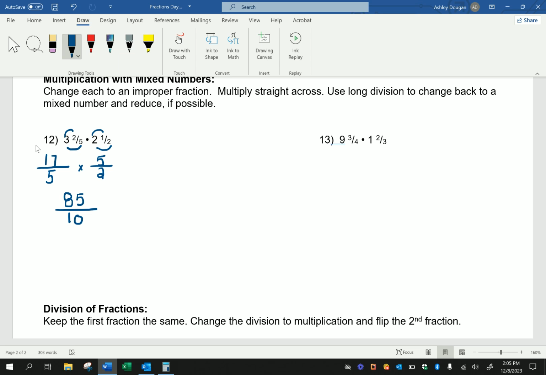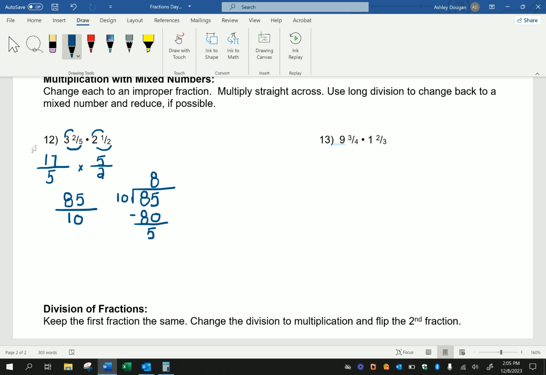And so I'm going to take my fraction and I'm going to convert it back into a mixed number. And remember, we do that by long division. I'm going to say, how many times will 10 go into 85? Well, 10 will go into 85 8 times. 10 times 8 gives me 80. Once I have that value, I subtract. 85 minus 80 is 5.